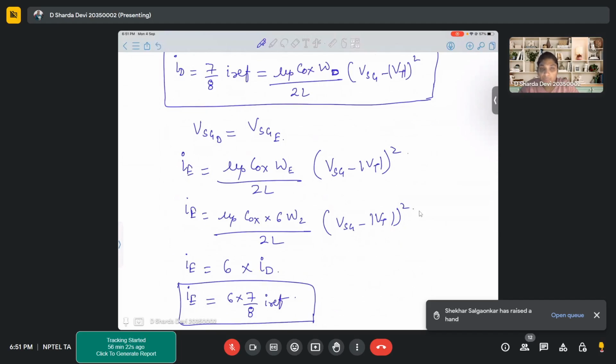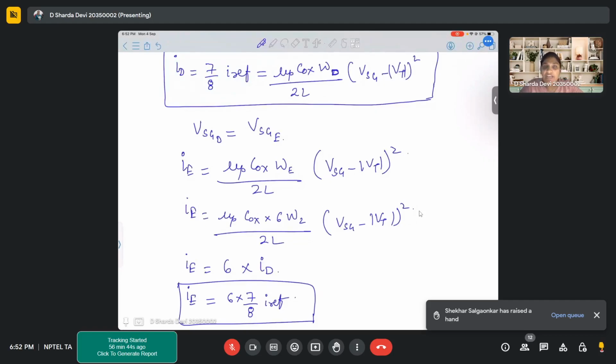So primarily, ma'am, you are referring to the width only? No other factors really contribute here? Yes. See, that's what I said. These current equations, what are the two things that will actually affect them? Because it is said that all the transistors are matched with respect to mu p Cox and mu n Cox.